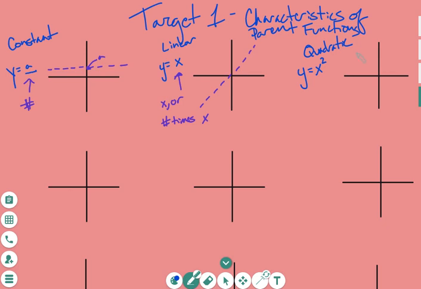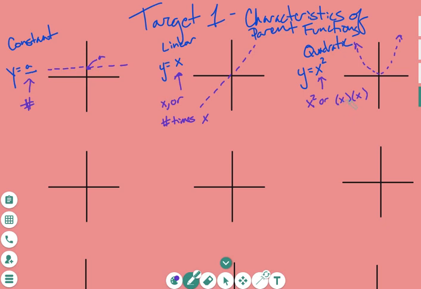So a quadratic graph is going to get this kind of unique shape that looks like this. And what you'll be looking for is an x squared or an x times another x.